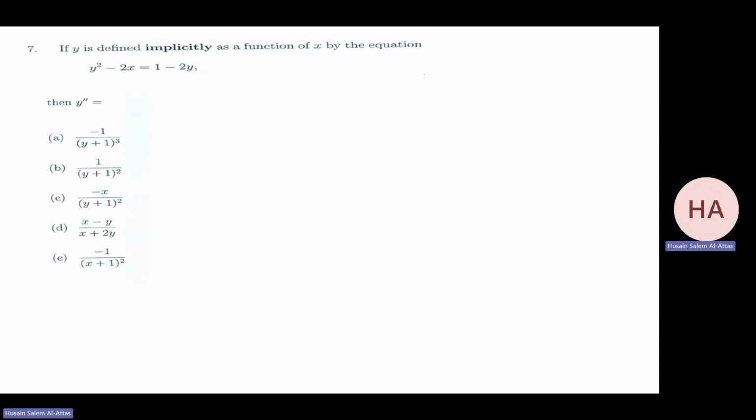If y is defined implicitly by this, I need y double prime. You want y double prime. Let us do it. Let me just arrange it. I have y squared minus 2x plus 2y equals 1. So differentiate with respect to x.